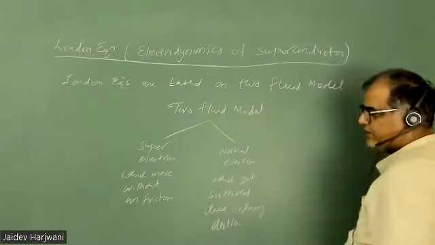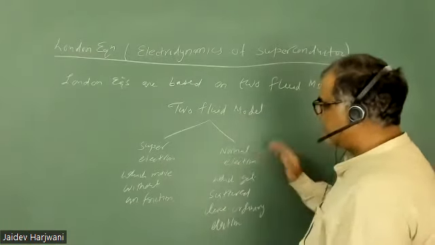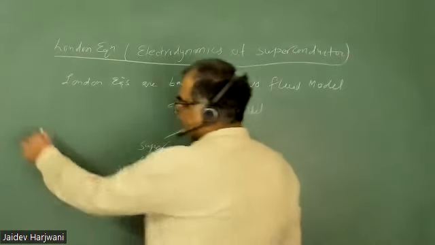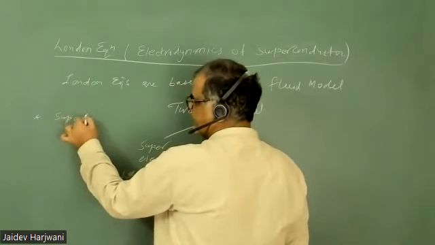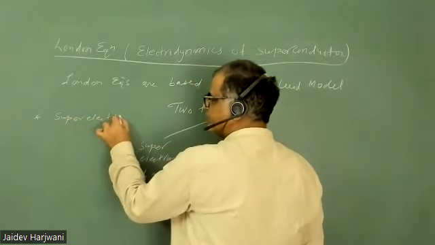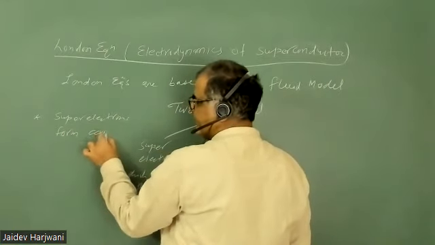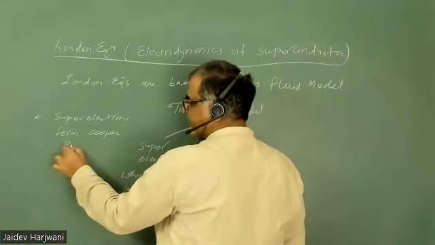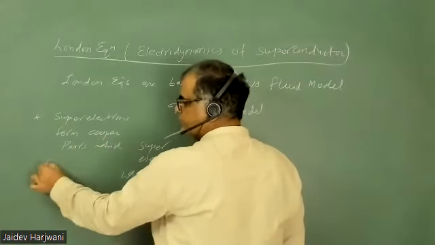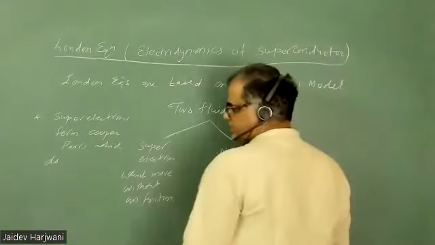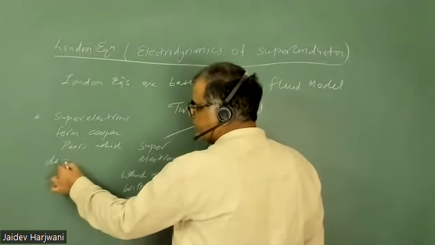So the theory is explaining that in a superconductor there are two types of electrons, super electrons and normal electrons. The super electrons form Cooper pairs, which do resistance-less motion and do not get scattered.